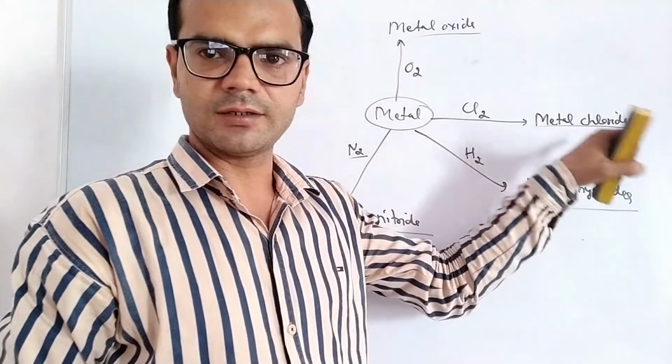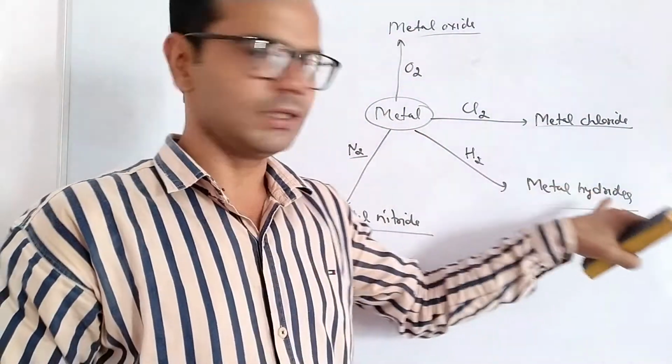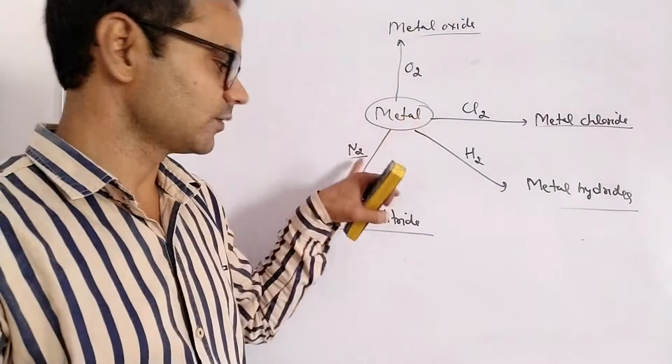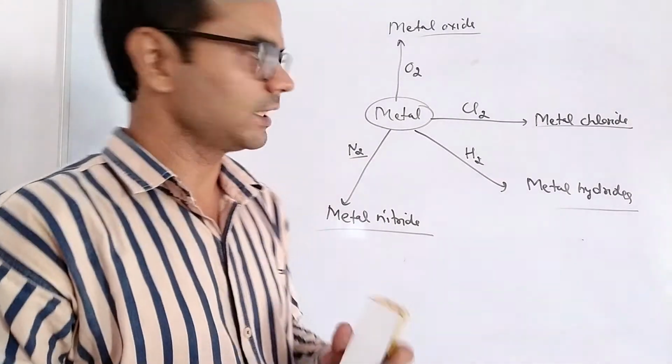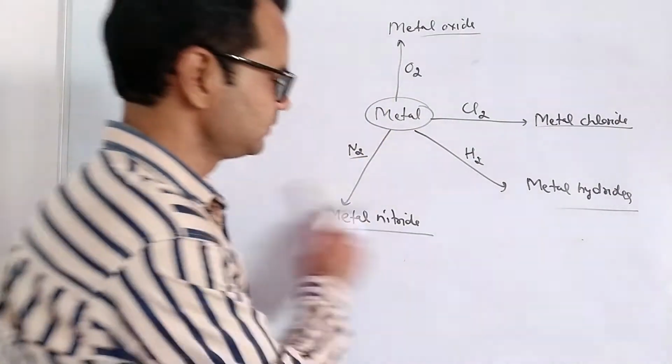Reaction with oxygen, metal oxide. Reaction with chlorine, metal chloride. Reaction with hydrogen, metal hydrides. Reaction with nitrogen, metal nitrides. Now one more reaction: reaction of metals with water.